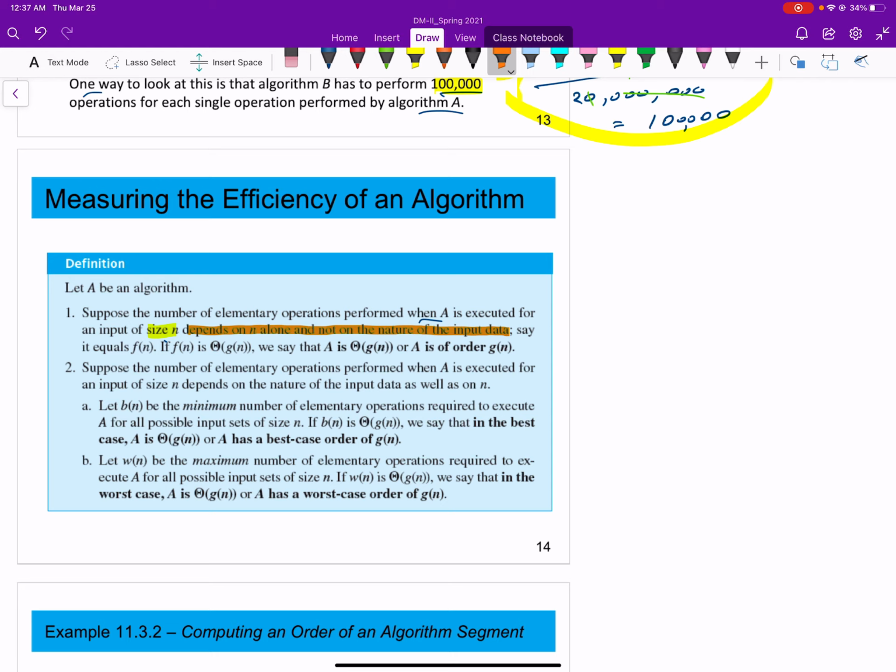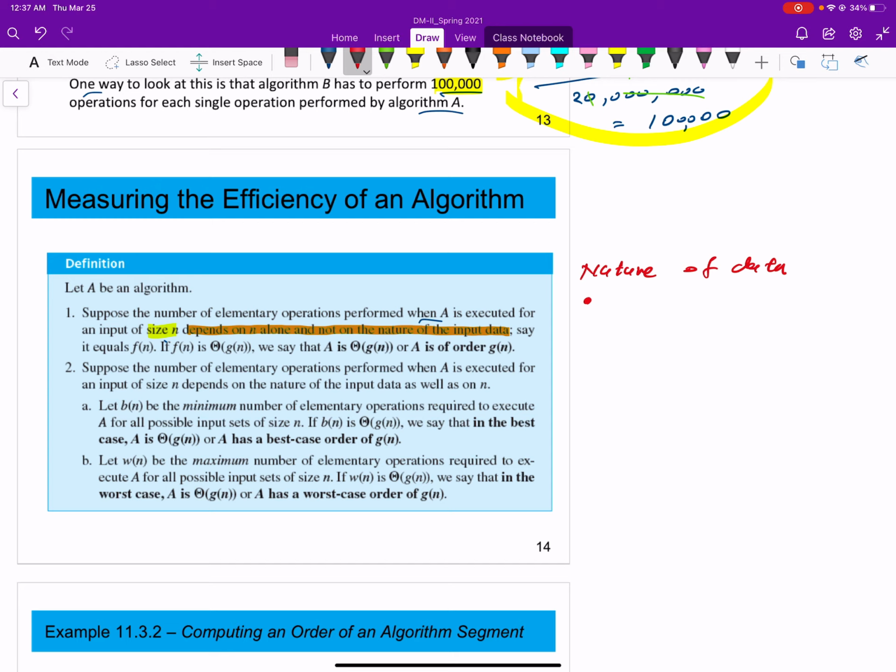Let's assume that the nature of the input data does not matter. The nature of the data can be considered as, let me write, the nature of data.